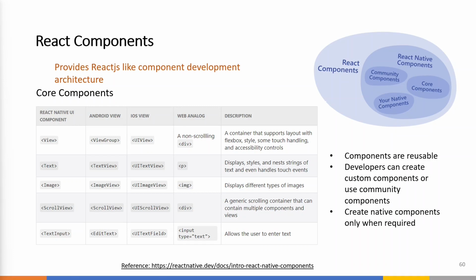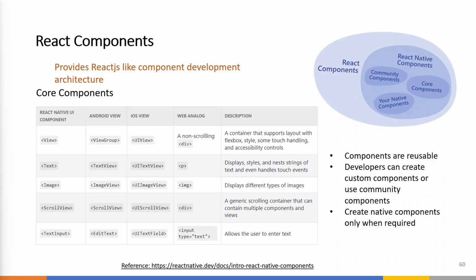Now, talking about development with React Native, it works in a similar way to React.js, so React Native components are structured like it. The React components here also contain React Native components, which are community components, core components, and the native code that we write for a specific target platform. Talking about core components, we can look into the table.